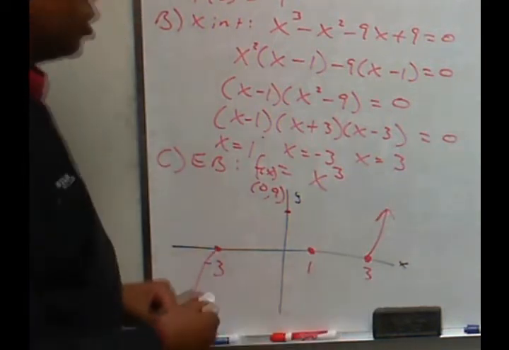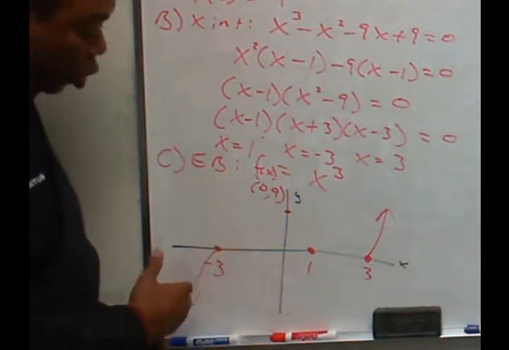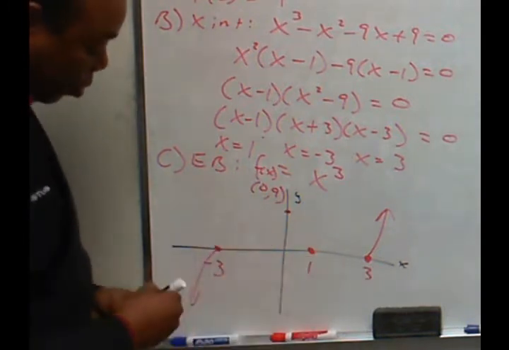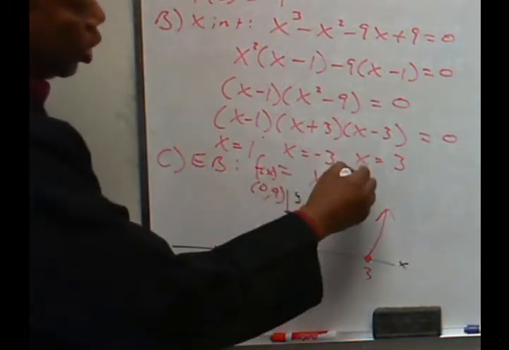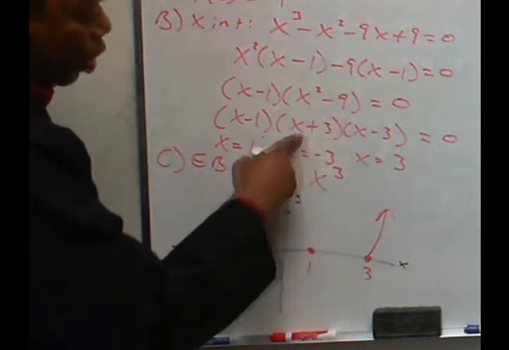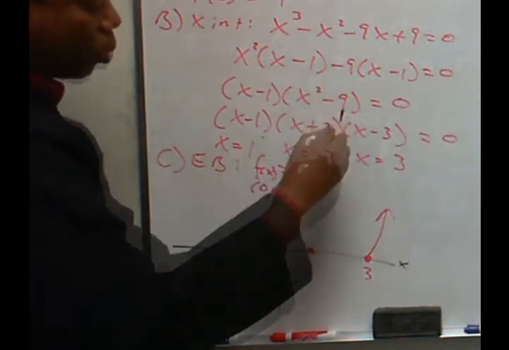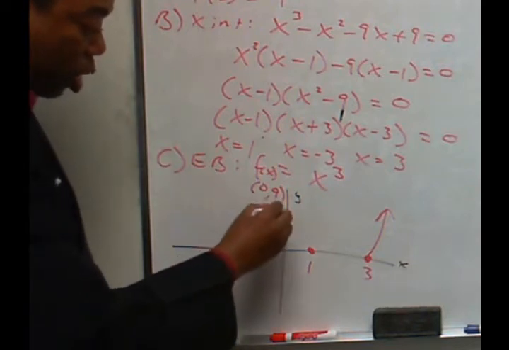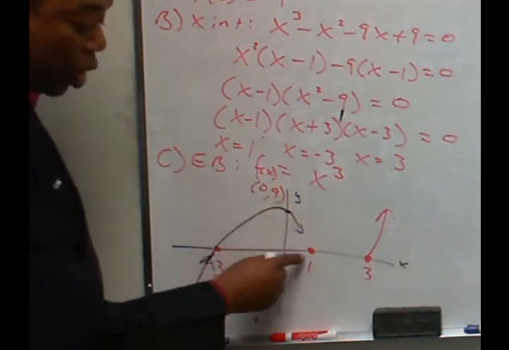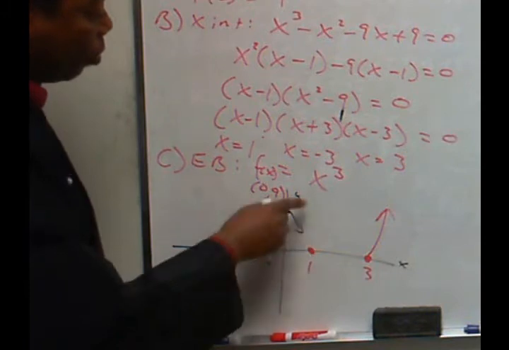Okay. Finally, we're going to use the multiplicity to track through our intercepts. As we go from left to right, we head toward negative 3. We see that negative 3, its factor was to the first power. That means the multiplicity was 1, and we go straight through. Go through the y-intercept, and now we head toward the next x-intercept, which is 1.